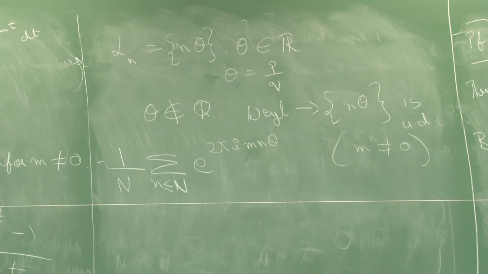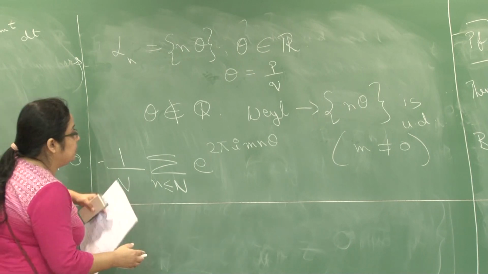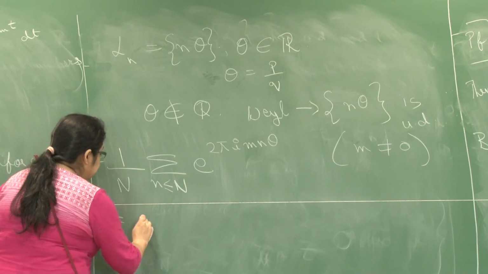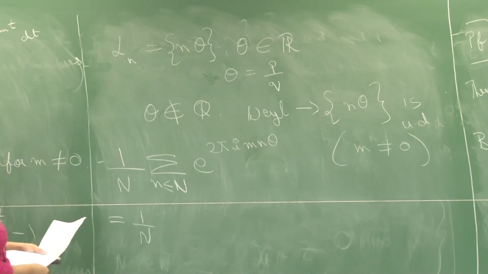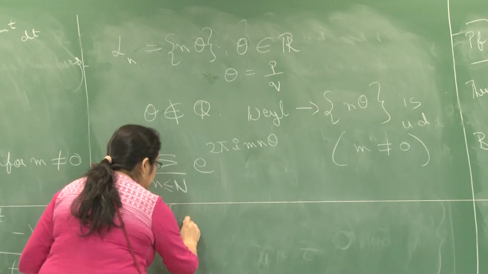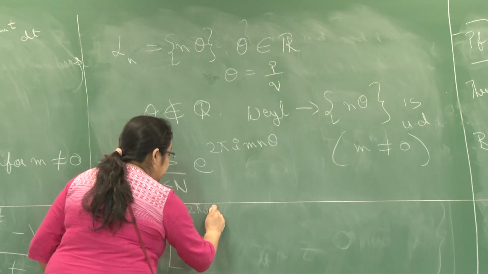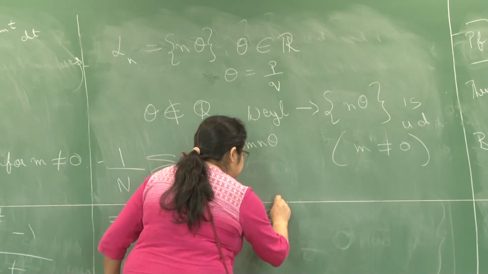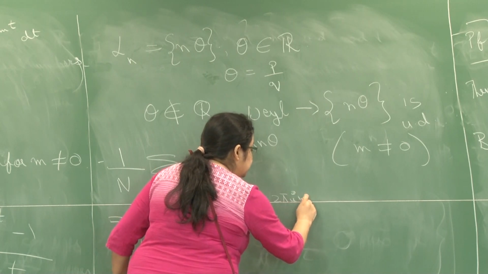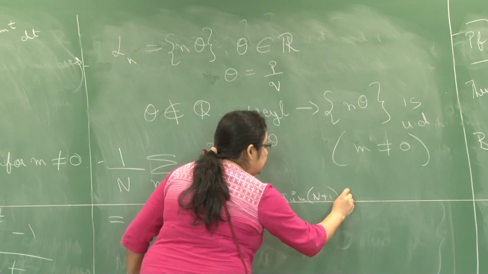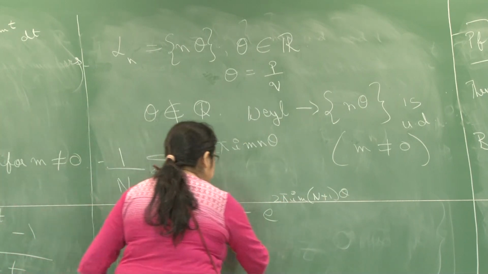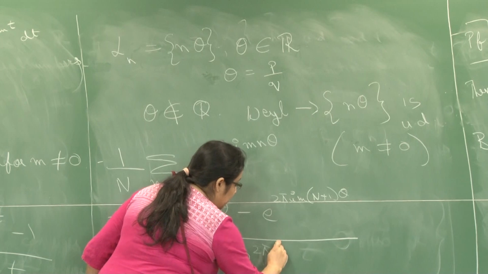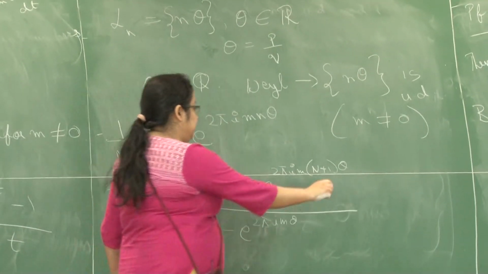So, this is a finite geometric sum, and when you sum it up, you end up getting 1 over N times, I will let you verify this, e raised to the 2 pi i m theta minus e raised to the 2 pi i m times (N plus 1) theta, over 1 minus e raised to the 2 pi i m theta, okay.